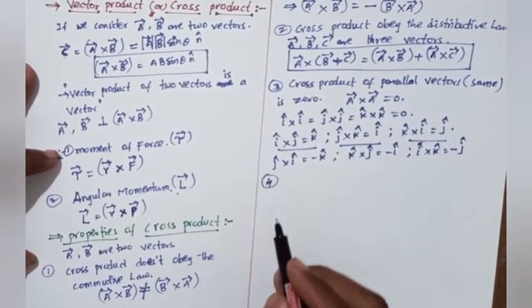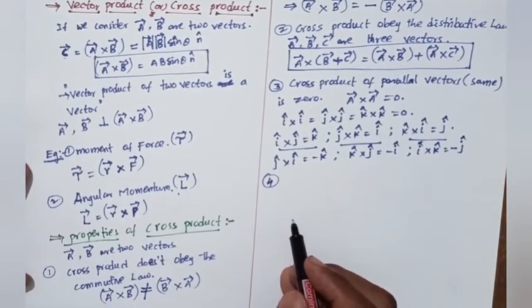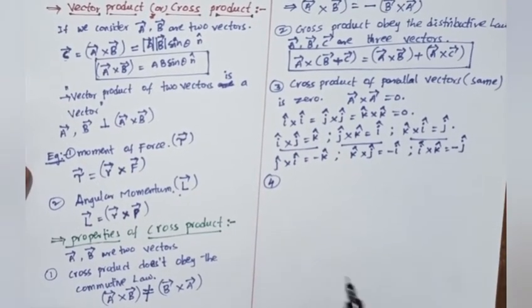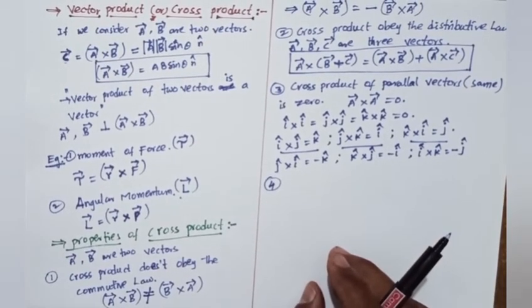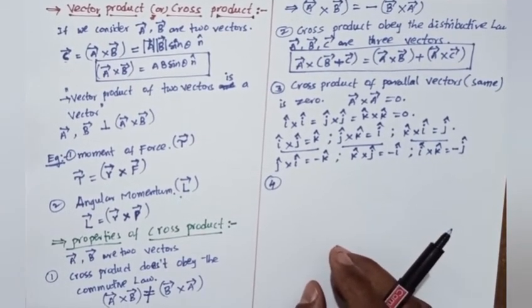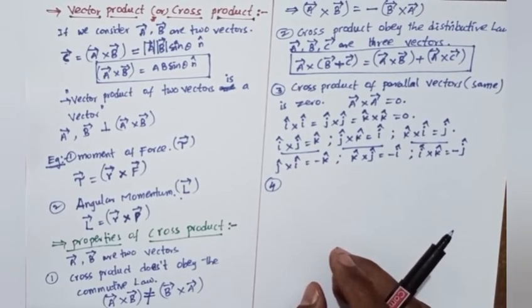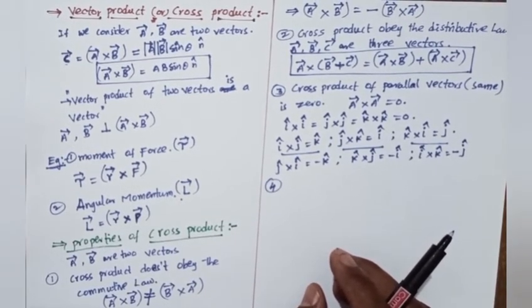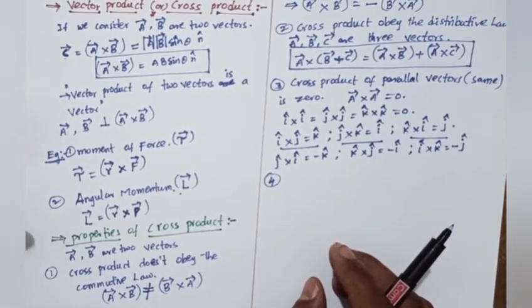The fourth property: the product of two coplanar vectors obeys the right-handed screw rule.